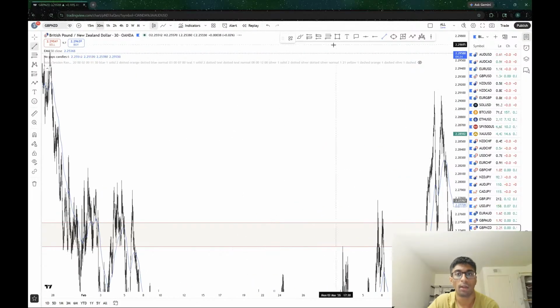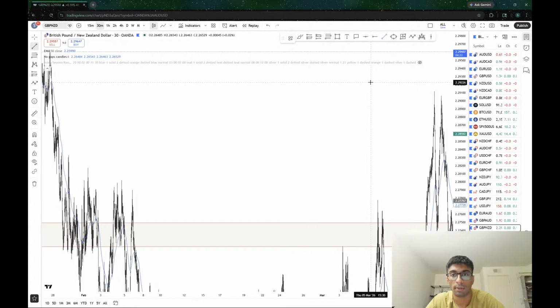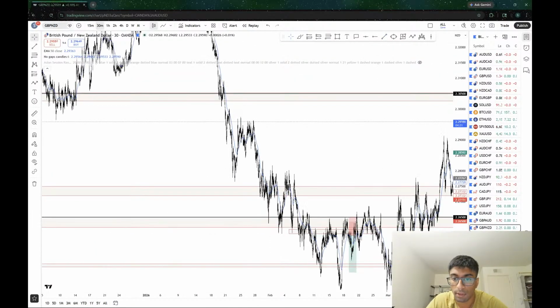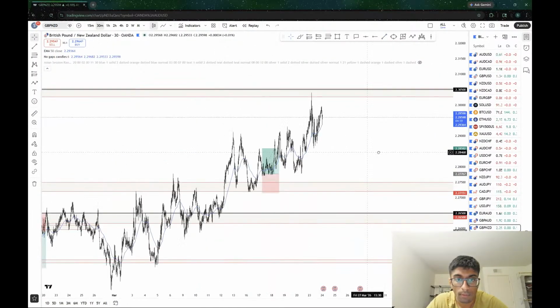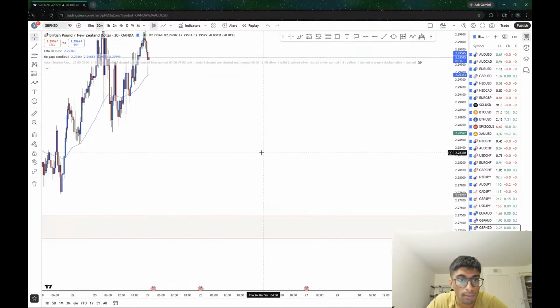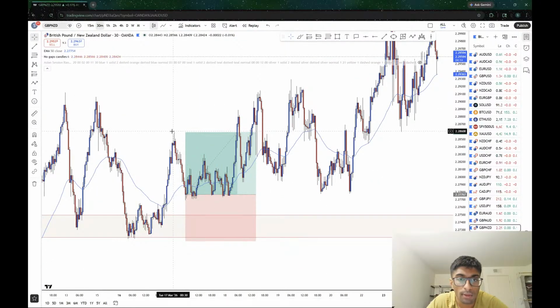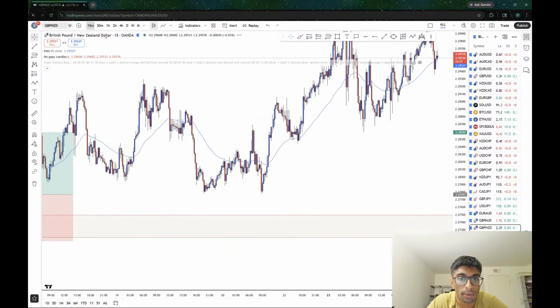How was I shifting my stop loss? It is basically to the previous structure point. Pretty much moderated.